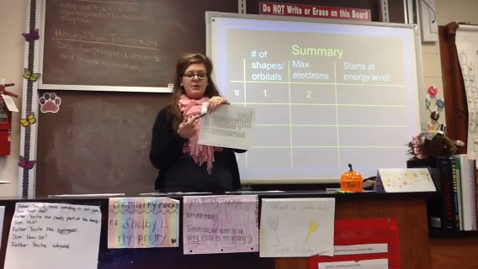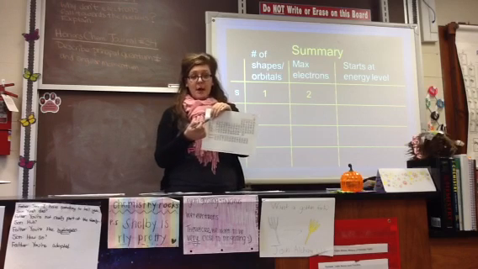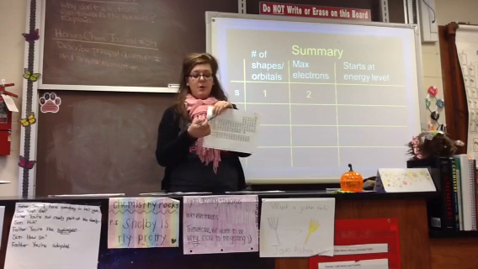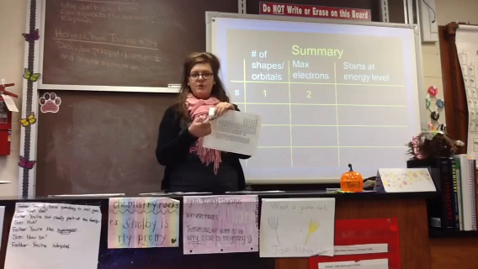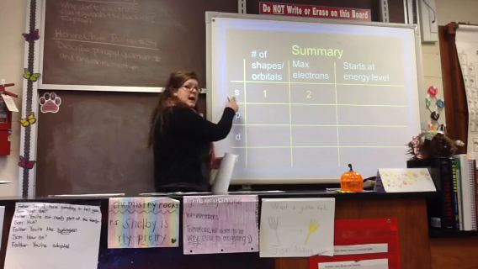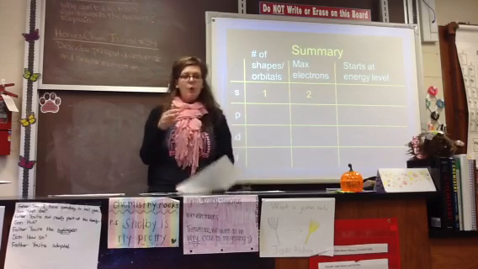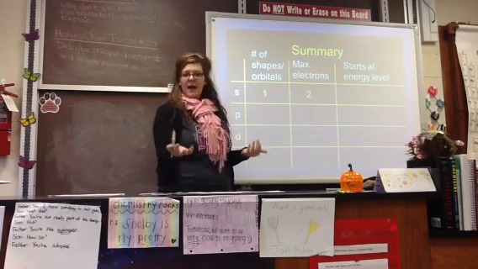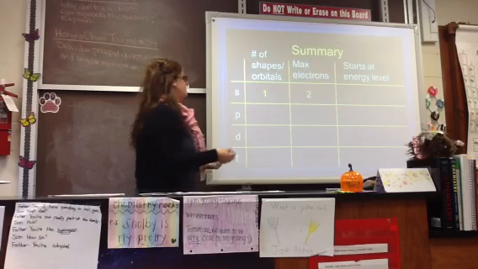If I go down to sodium and magnesium, sodium would be the first electron, magnesium would be the second electron. I only have 2 columns in the S sublevel. So that means it can only hold up to 2 electrons because I only have 2 columns.